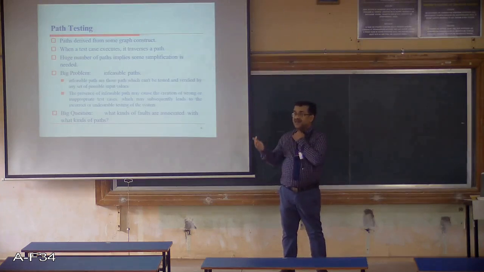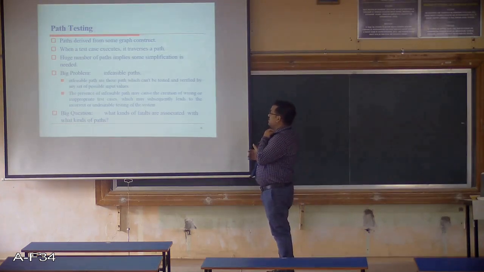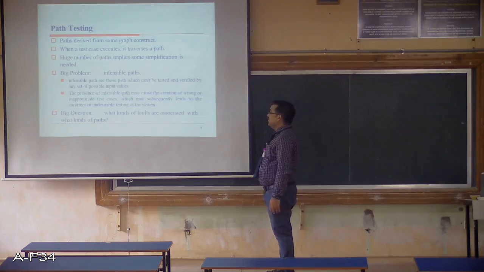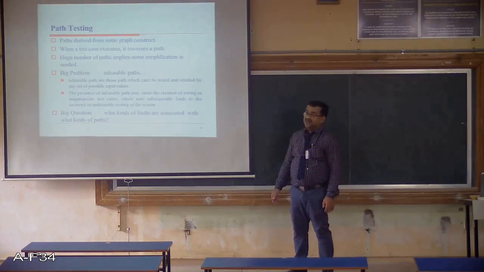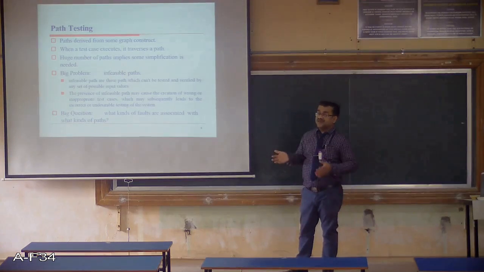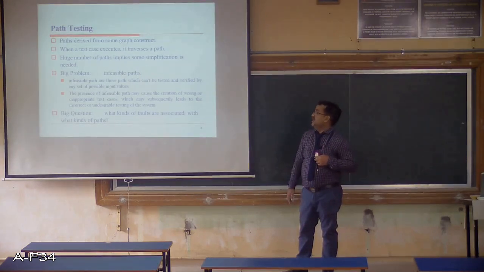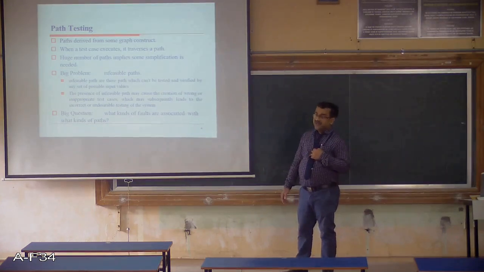So this is a hindrance or drawback of this particular method. If some incorrect, inappropriate test cases get generated, obviously it leads to incorrect and undesirable testing of the system. When we do not have a possible set of input values for some part of the graph, then it is an infeasible path and is a problem for this particular testing mechanism.